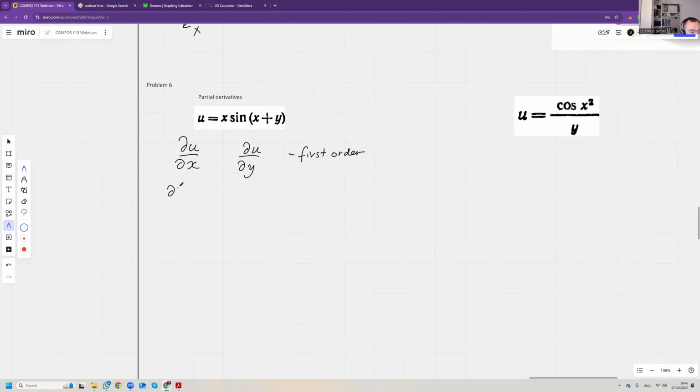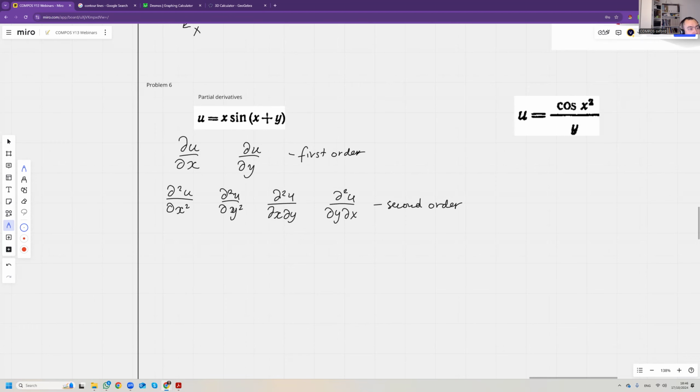And you have d squared u dx squared, d squared u dy squared, d squared u dx dy, and d squared u dy dx. So the last two are actually the same, and that's the second order.